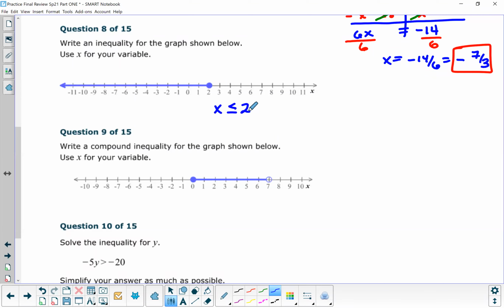All right, question 9. Here we're writing a compound inequality for the graph shown below. Use x for your variable. All right, so in this case, this is a compound inequality for and, which is also known as an intersection.